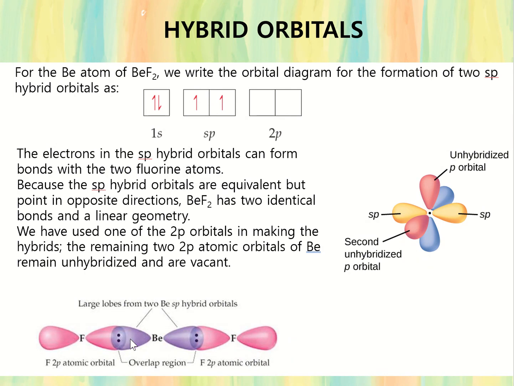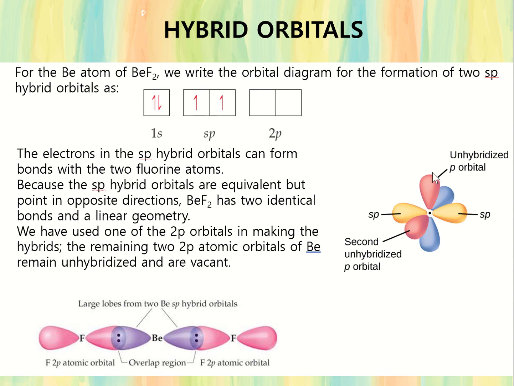So this is our two sp hybrid orbitals here, overlapping with our 2p orbital for fluorine. So we have two overlaps, and in this diagram, we have our sp orbital here, and then we have the two p orbitals, the unhybridized p orbital here, and the second unhybridized p orbital.